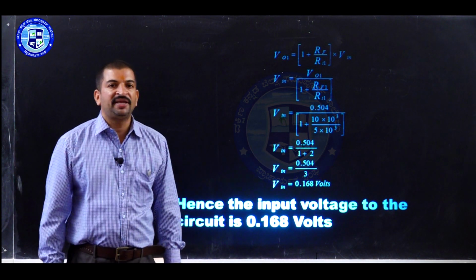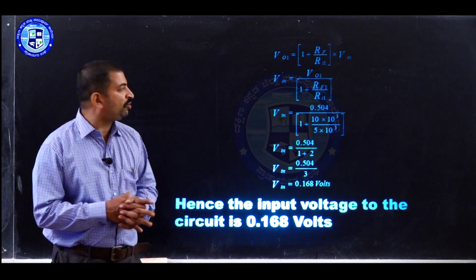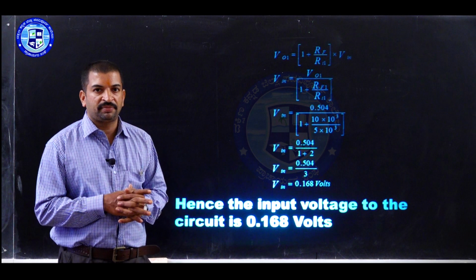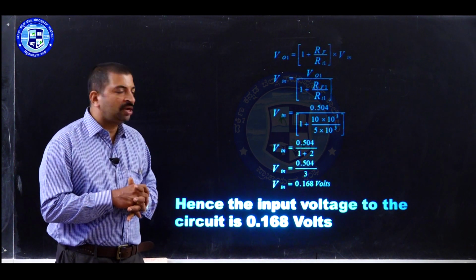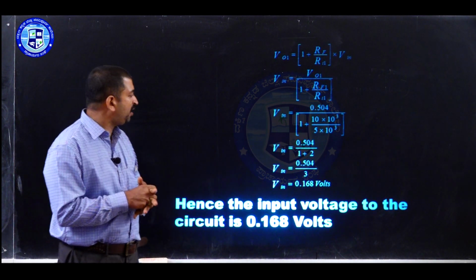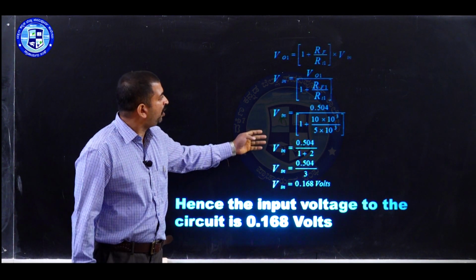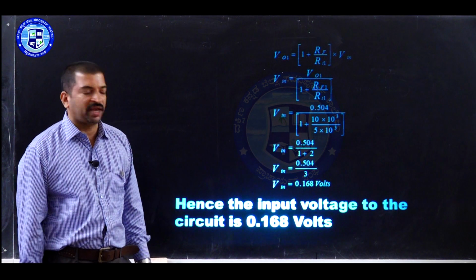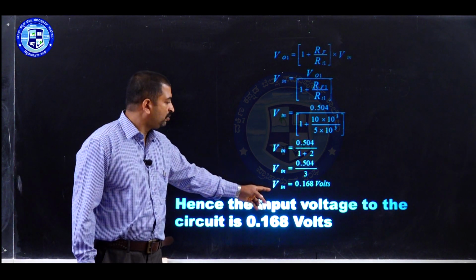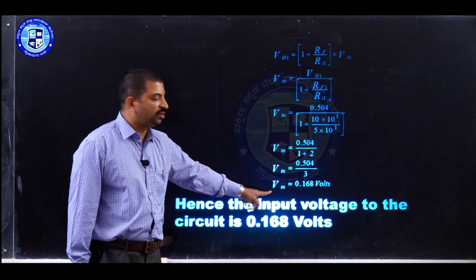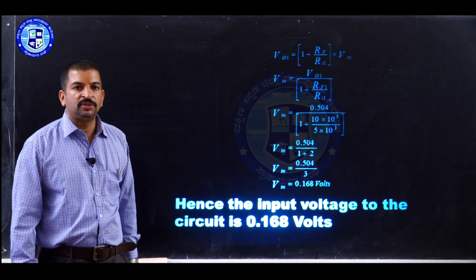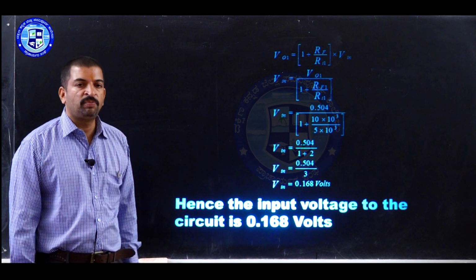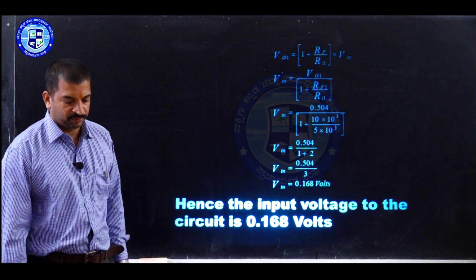Now VO1 is the output voltage of the first circuit. It is equal to 1 plus RF by RI into VI. We are supposed to determine the input voltage. So Vin is equal to 0.504 divided by 1 plus 10K divided by 5K. Therefore, after calculating, you are going to get the input voltage as 0.168 volts, which is the input voltage of the circuit.